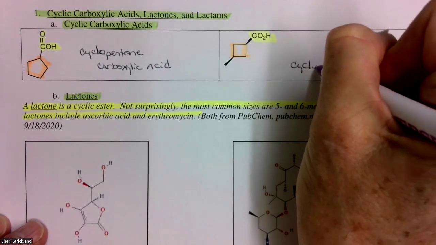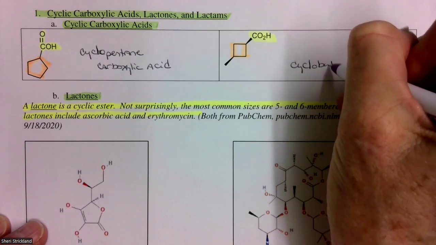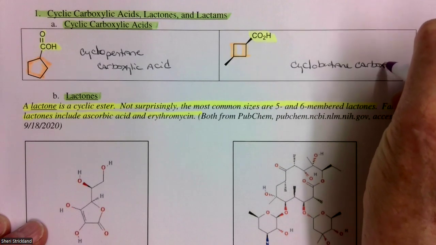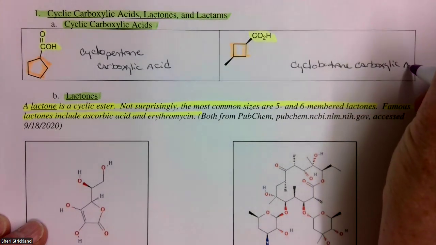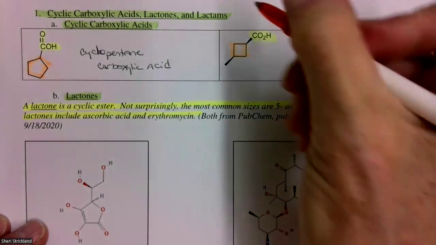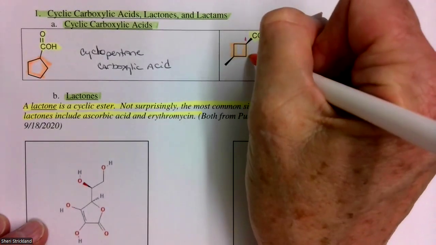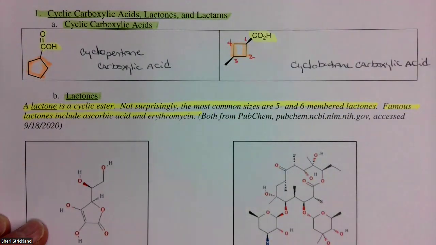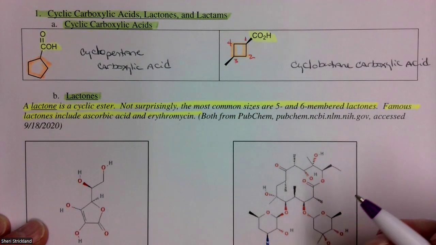But you can see that there's more to it. Okay, so let's see. First of all, we need to number this thing. Carboxylic acid group is a group of highest priority. It's higher than the methyl. So it would have to be 3-methyl.